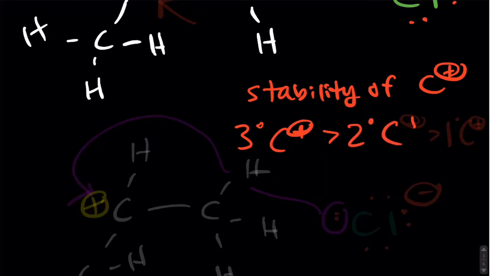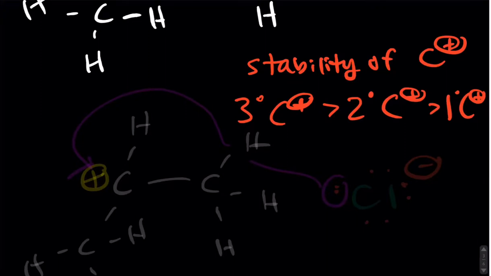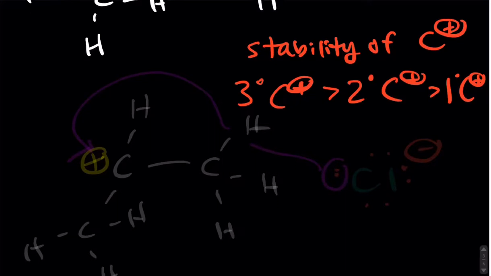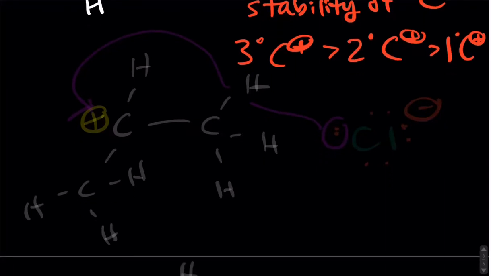A 2-degree carbocation, 1-degree carbocation. And there are some other more specific cases mixed in here, but we're just going to be talking about this general case. The carbocation is more stable on a higher degree carbon or a more substituted carbon. So that's why we're going to choose this carbon to put that on.